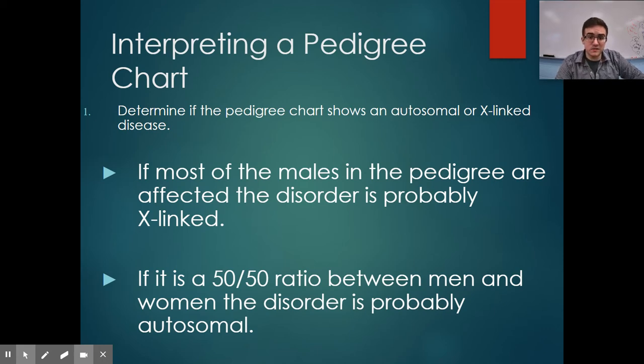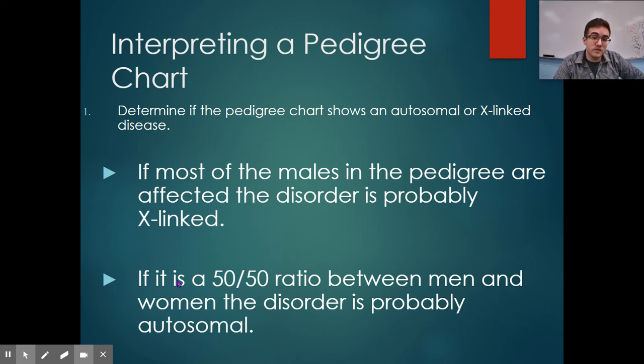Pedigrees allow us to determine the inheritance pattern of different traits. Your first step in figuring out the inheritance pattern is: is the trait autosomal or X-linked? The way to figure that out is if most of the males in the pedigree are affected by the disorder and you hardly see a female affected, it's most likely X-linked.